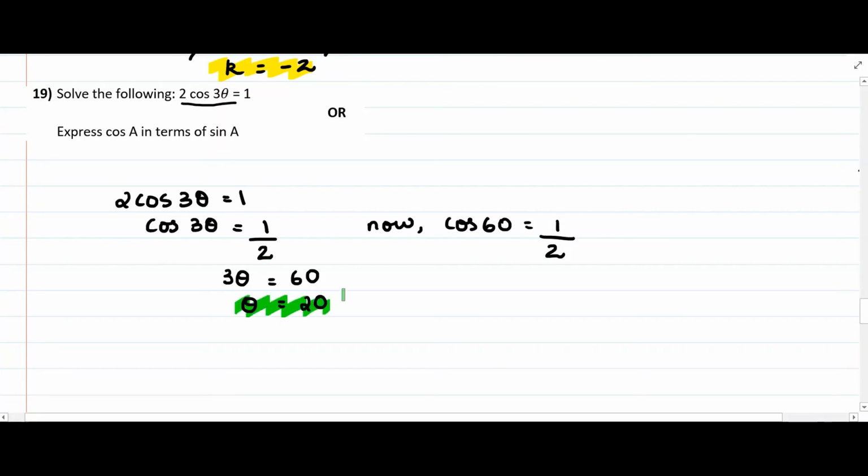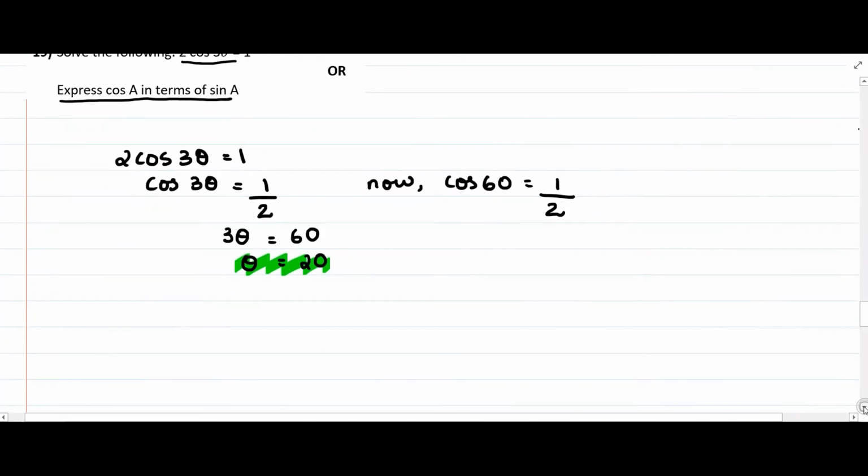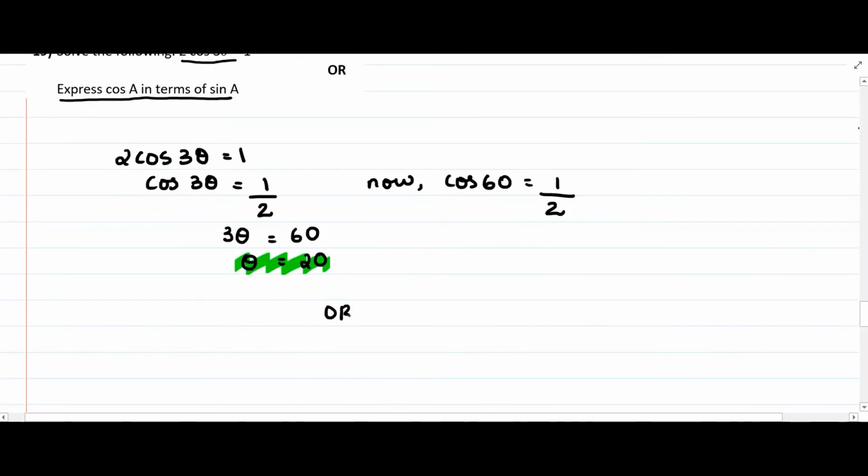Okay, the OR question. Express cos A in terms of sin A. So what are the relations you know between cos A and sin A? Let's recollect and write it. Which is cos square A plus sin square A equal to 1.